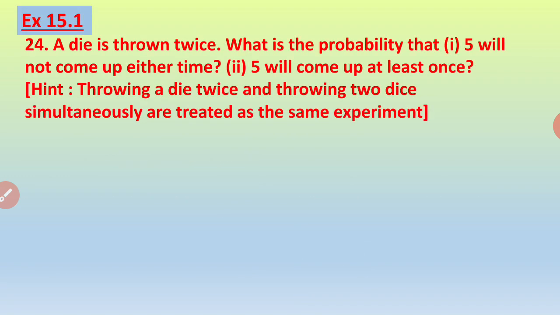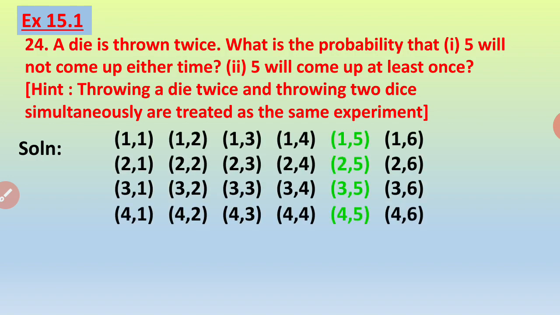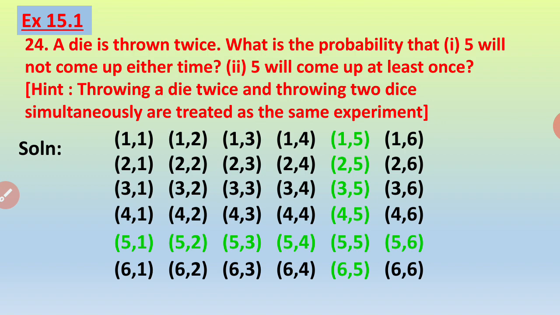Question number 24. A die is thrown twice. What is the probability that 5 will not come up either time? So, these are the outcomes which are possible when a die is thrown twice or 2 dice are thrown at once.